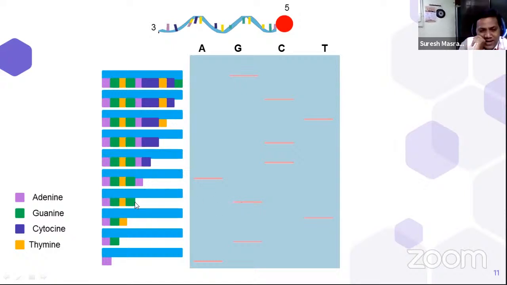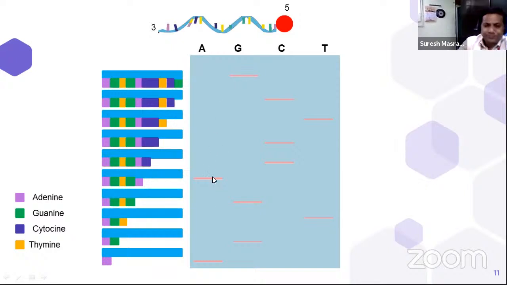Therefore, we analyze that this fourth attaching nucleotide has the nitrogenous base guanine. Next band is seen in the first lane.